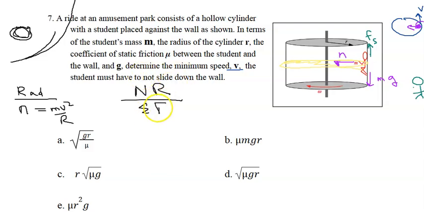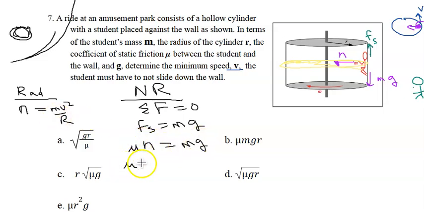Not sliding means my acceleration is 0. The forces are balanced. So that means static friction equals the weight. What is static friction? It is mu times the normal. That's why we looked at the radial, because the normal is a function of the speed. The faster you go, the more you're slammed into the wall, the greater the normal.